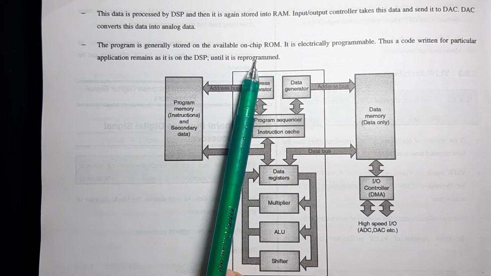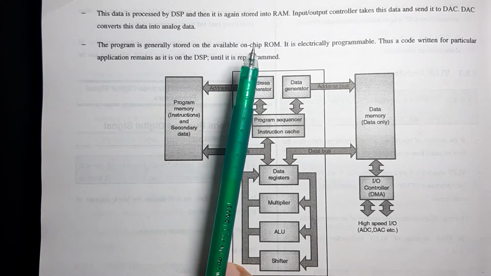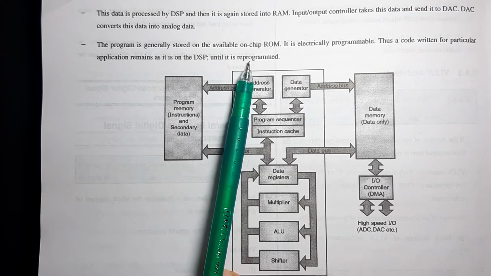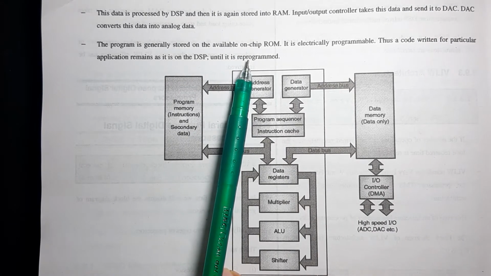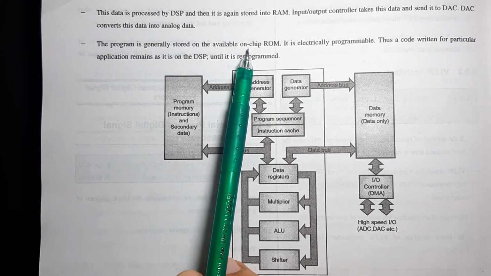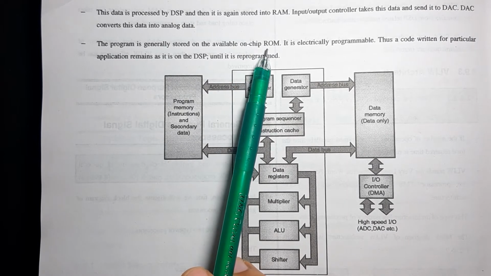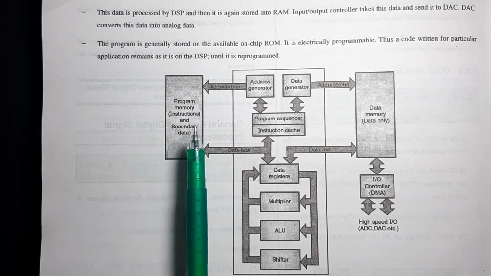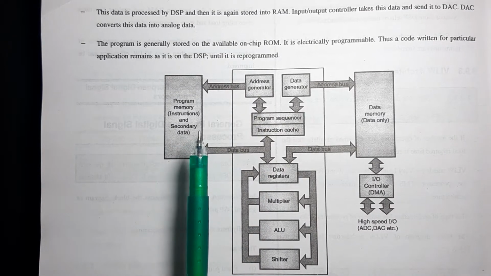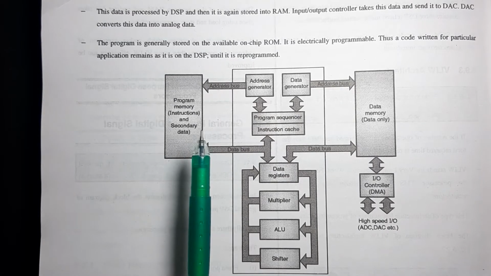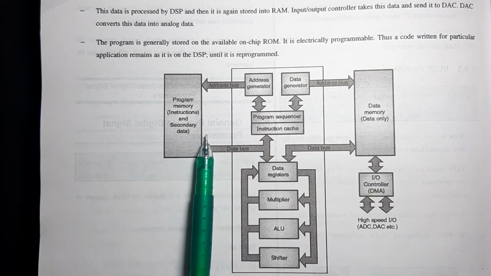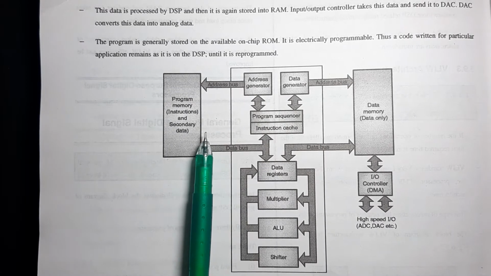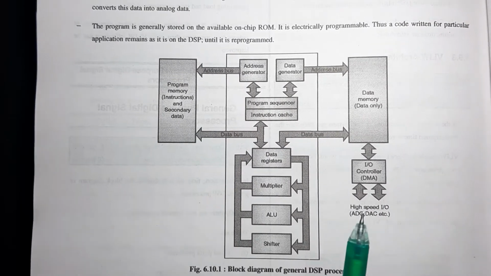Similarly, the on-chip ROM, or the read only memory, if some data is to be written on ROM, then that data will be written and it is available on the on-chip memory as it is mentioned over here. So all these data memories are electrically programmable. You can reprogram them to perform certain operations. You can also program them to fetch and store some data, as well as to send data whenever being called over here.